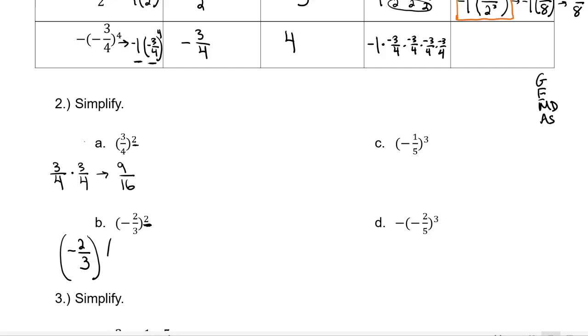All right, so I need to multiply this by another fraction. This is another one where I am multiplying two negatives together. So I know that my answer has to be positive. So I get 2 times 2, which is 4, over 3 times 3, which is 9.